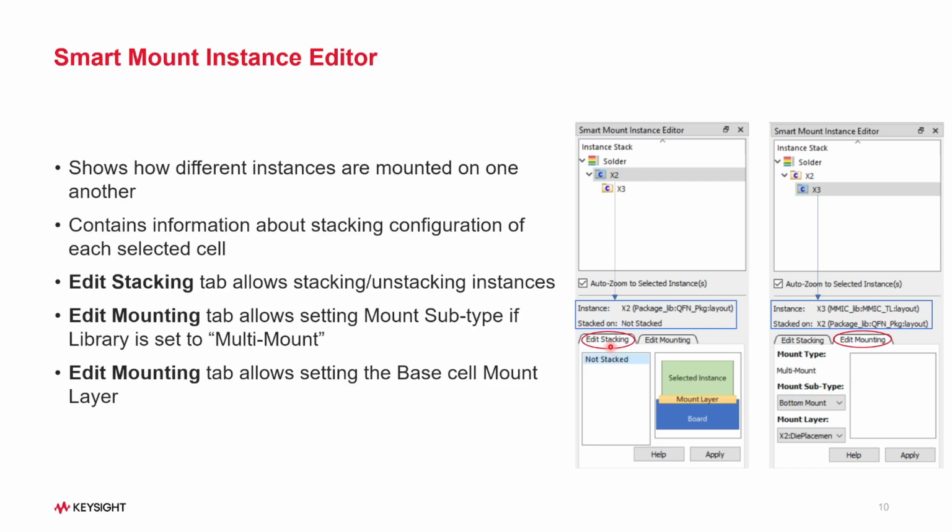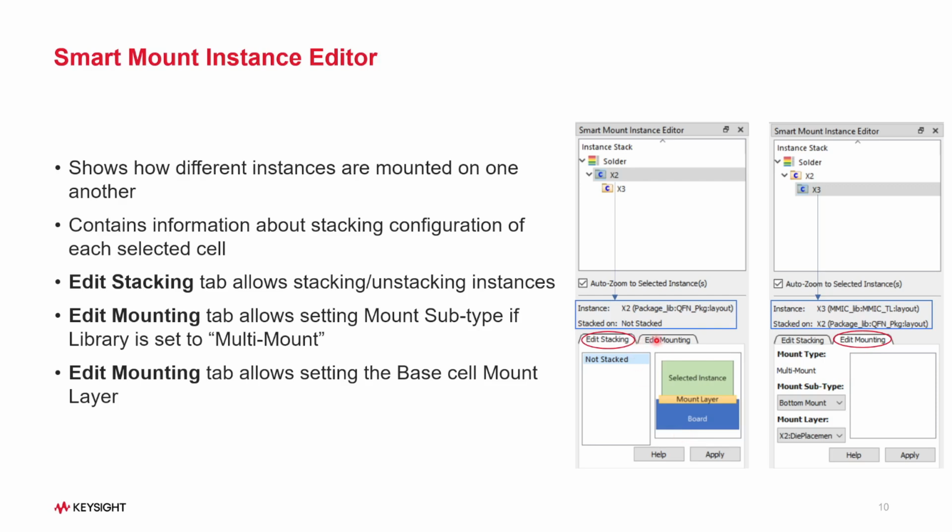Also, at the bottom here, there are two tabs available. One is Edit Stacking. This one allows you to define which instance is being stacked. In this case, since this one is already stacked, you also have an option to unstack. Selecting this one and hitting Apply is going to unstack the instance.